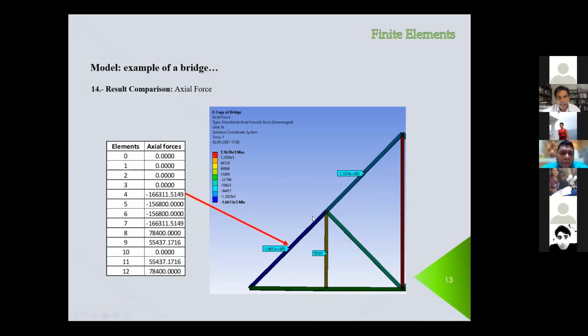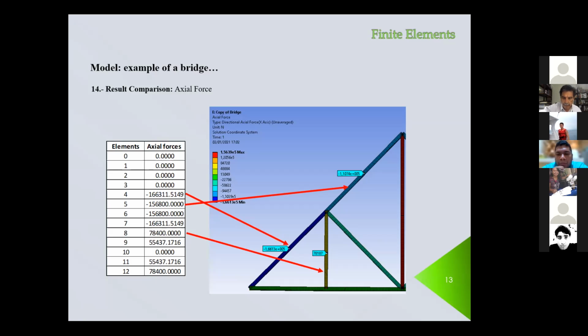Okay, this value was compared to the Python program, and you see that the axial force for each element is close. Okay, the same for the others, and the same for the vertical element. So you see that this value is close to the value obtained by ANSYS.